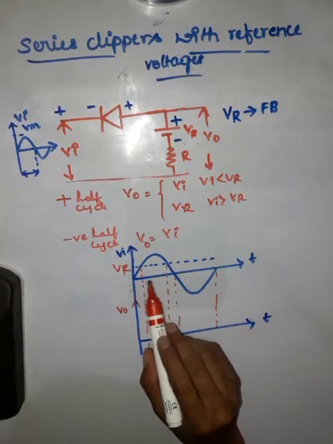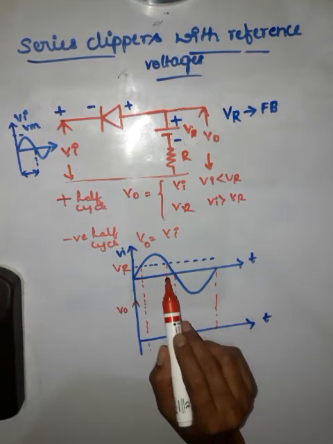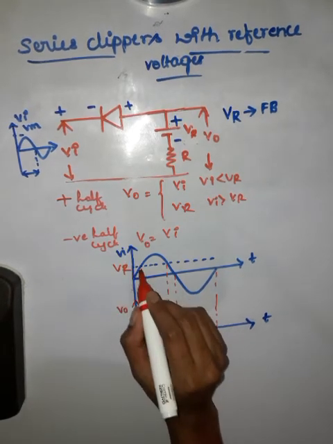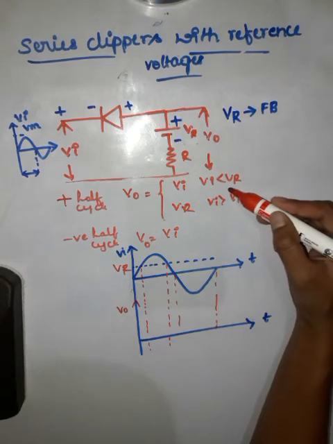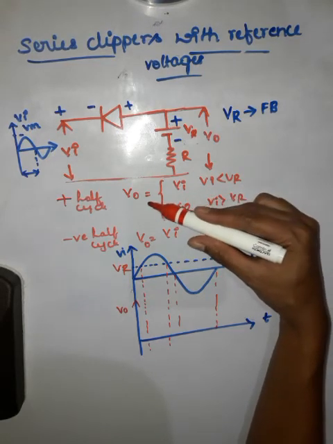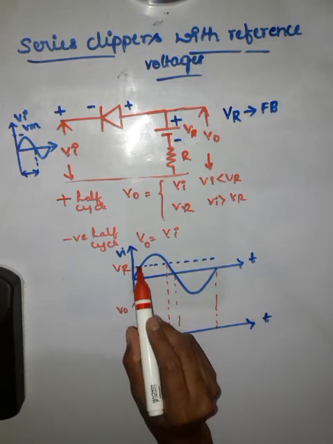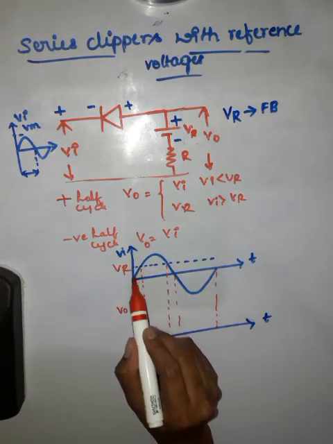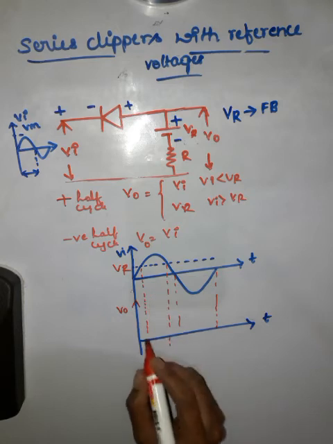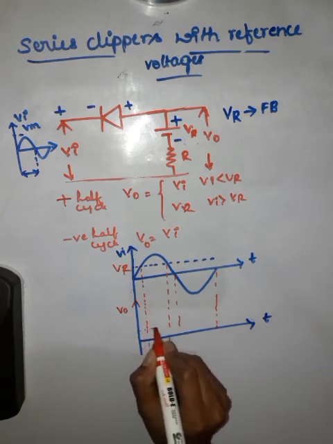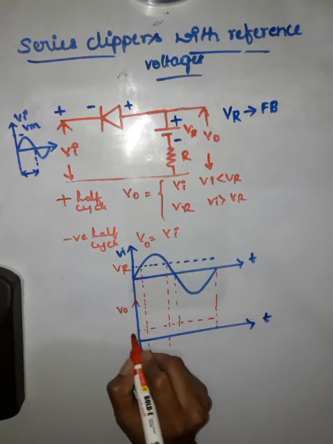We have two conditions during the positive half cycle. When the input voltage is less than the reference voltage, we are going to have an output V0 is equal to Vi. That means within the reference voltage VR, whatever the input waveform is, the same thing we are going to get in the output voltage.